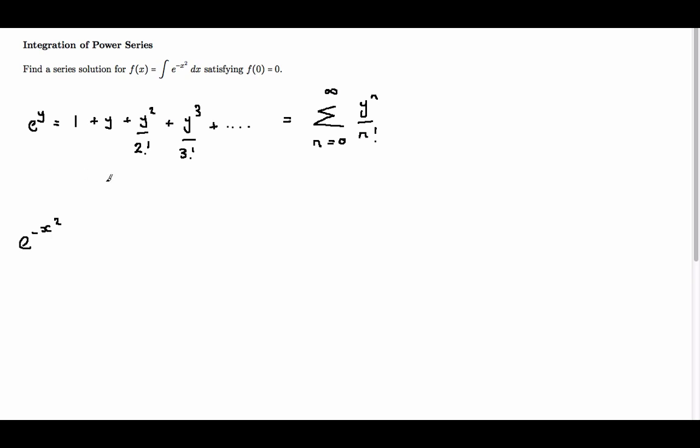Well, to do this, we just use the Maclaurin series for e to the y, and we substitute in y equals minus x squared.